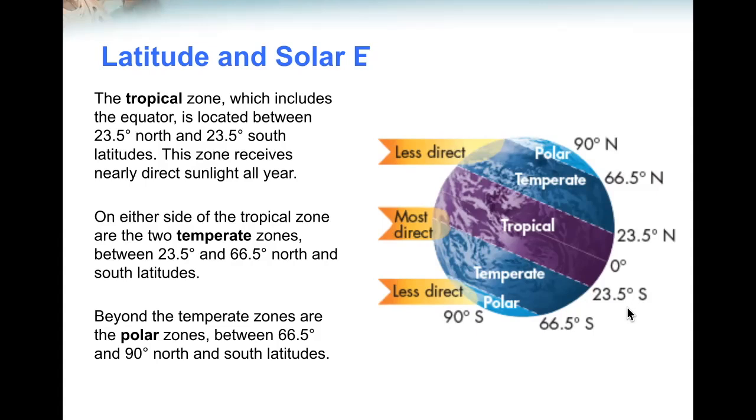On either side of the tropical zone are the two temperate zones, between 23.5 degrees south and 66.5 degrees south, and also between 23.5 degrees north and 66.5 degrees north. Beyond the temperate zones are the polar zones, between 66.5 and 90 degrees north, and also in the southern pole, so both poles.